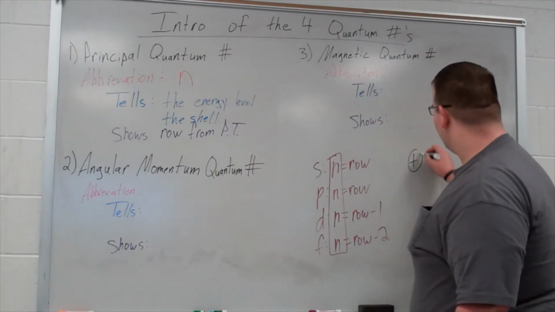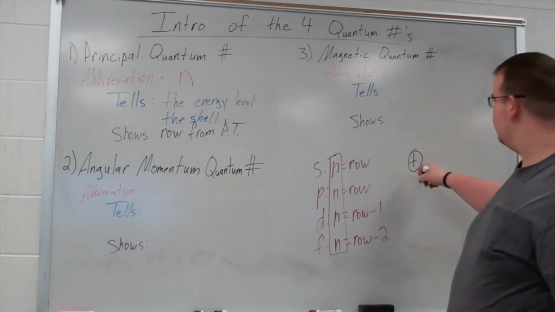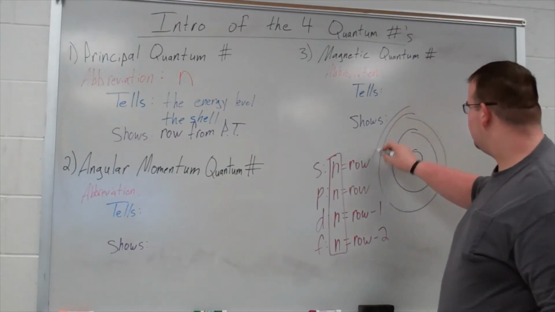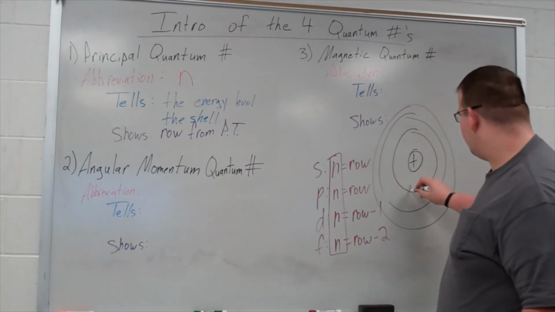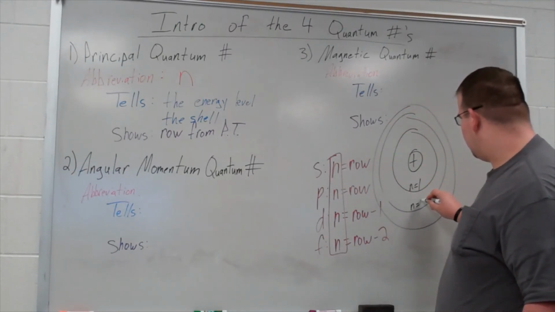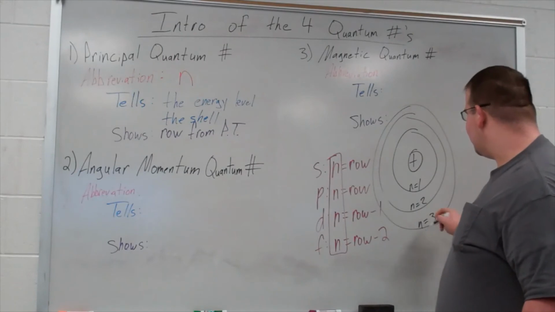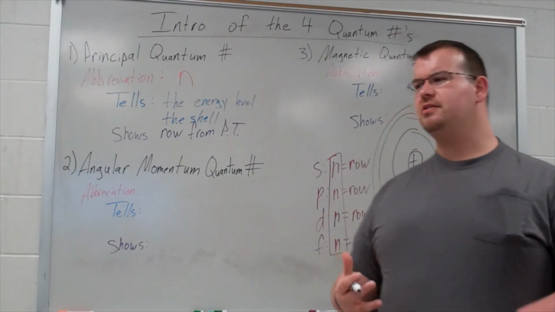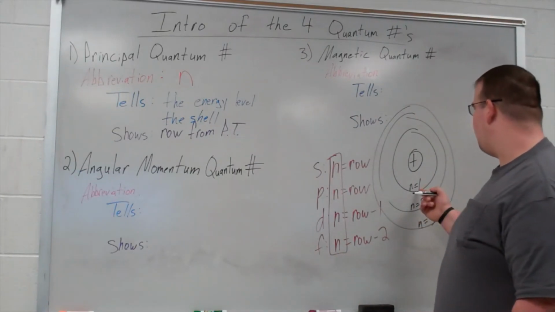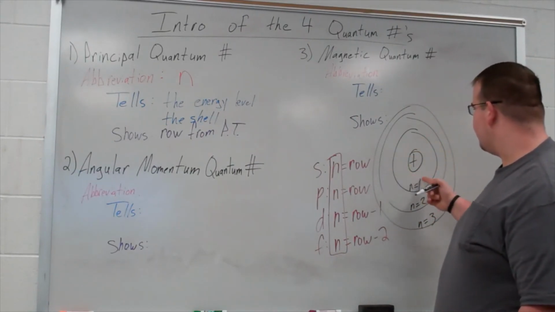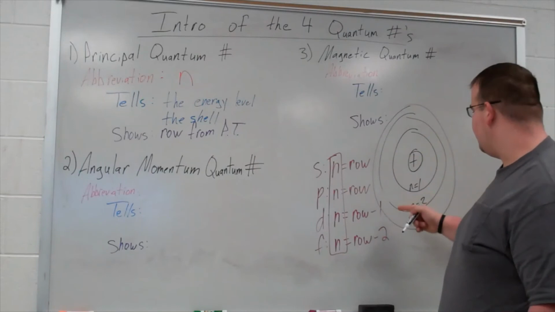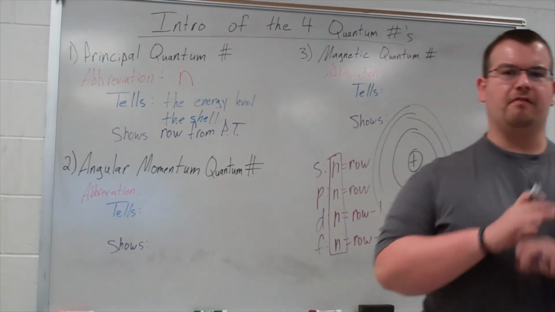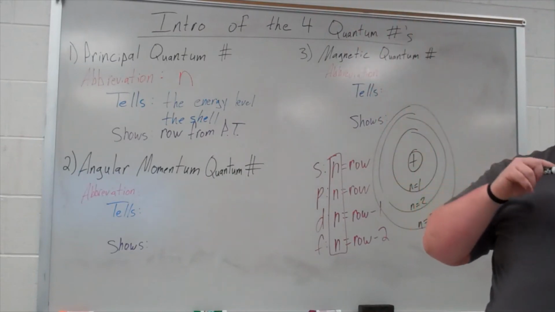We have that nucleus with the protons, then the first energy level, second energy level, third energy level. Whenever you've seen those n's there, that's what it was talking about. This is telling you the shell. So 1 is this area in here, 2 is this area in here, 3 is this area in here. It tells you what part of the whole atom we're looking at.